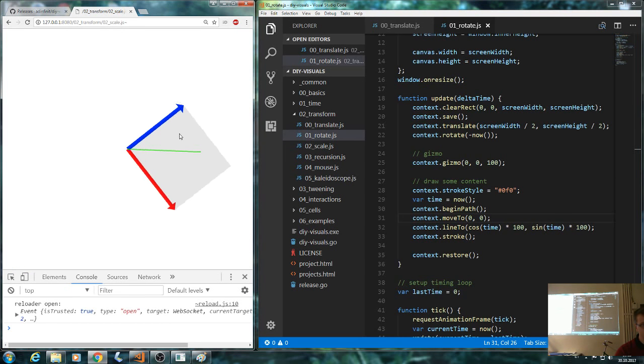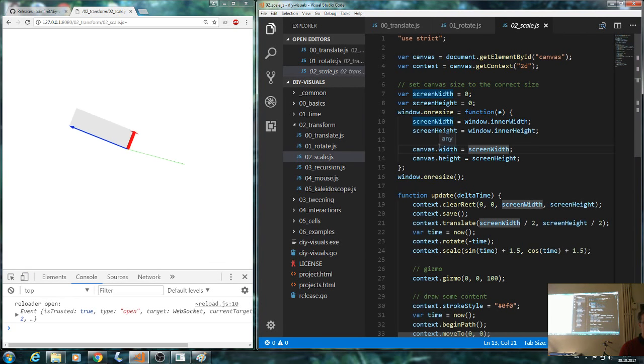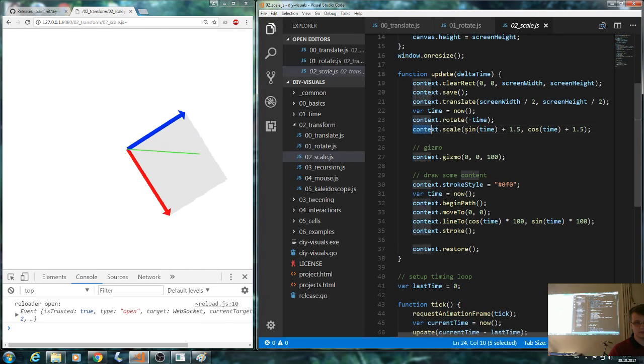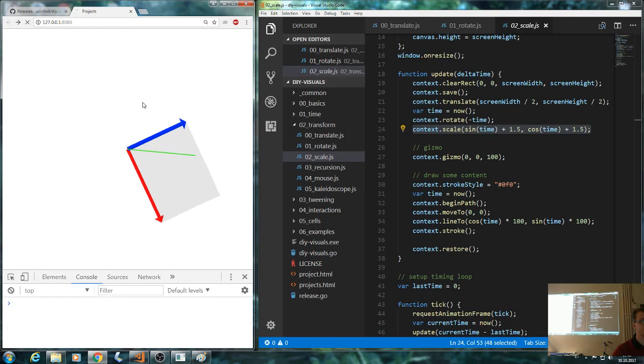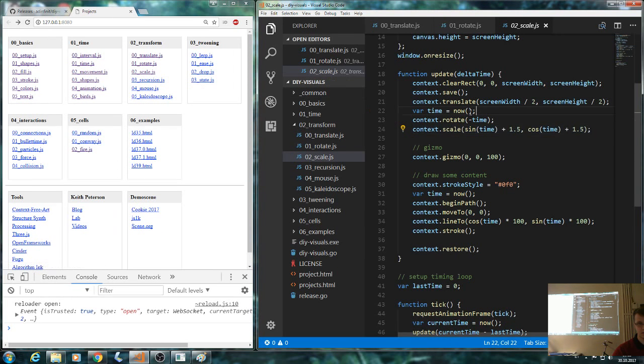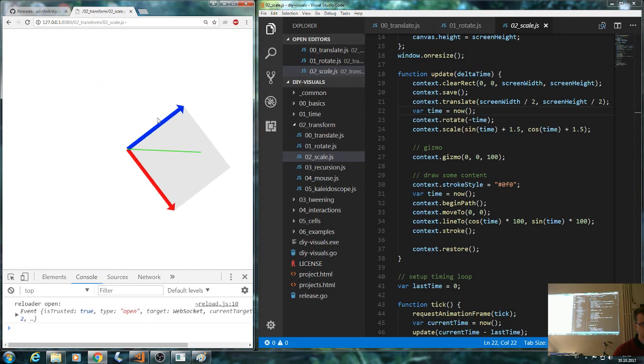Of course, we can also change the scale of things to get distortions in different ways. This is using this context scale function. And the drawing code is pretty much the same here again.